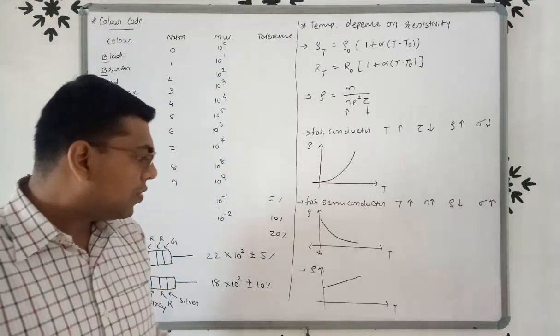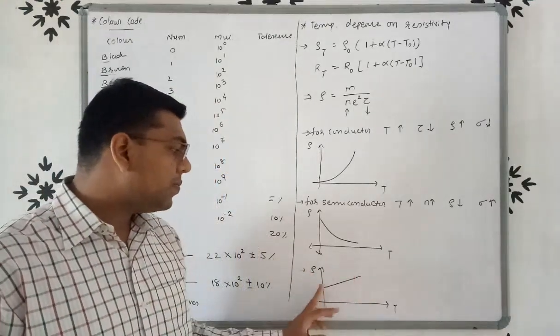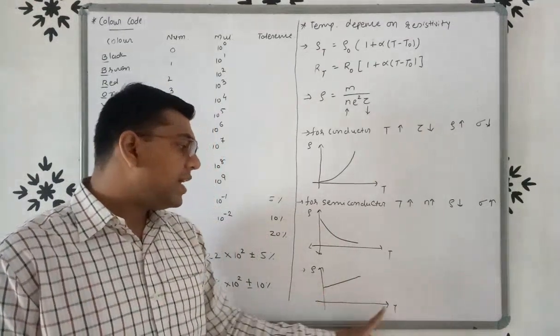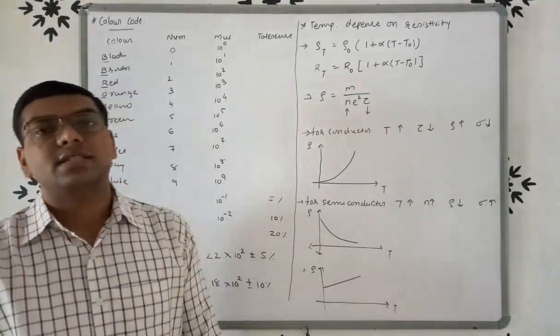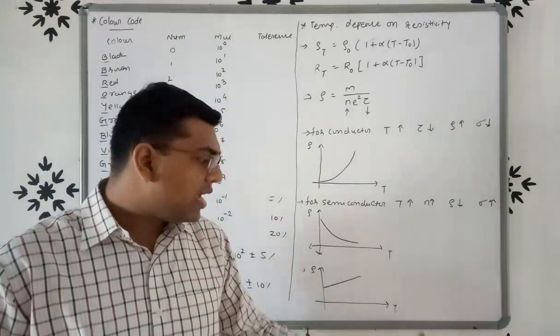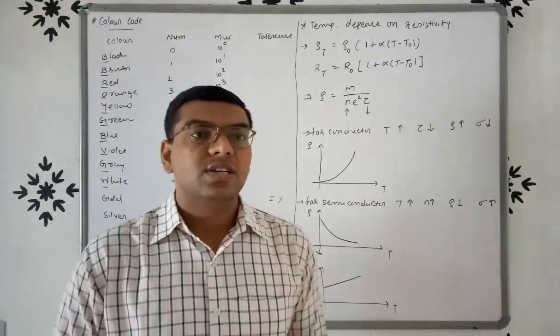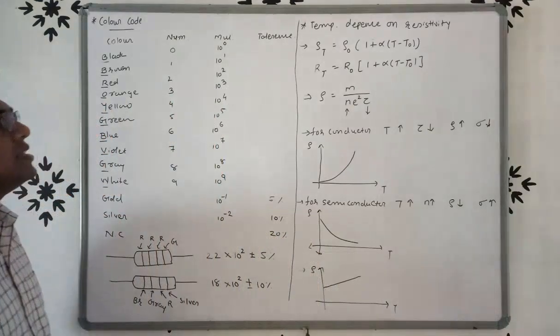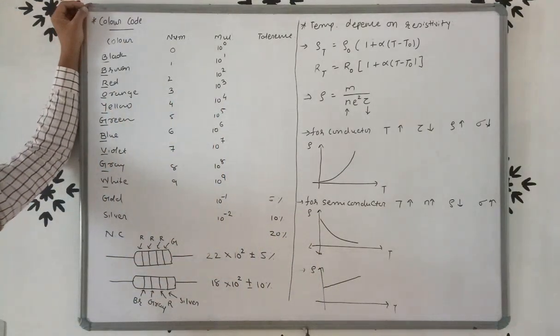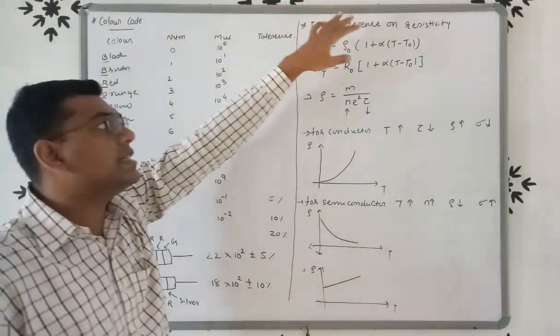So for a material like nichrome, the graph of resistivity versus temperature is like this, because resistivity does not depend much on the temperature. So this is the temperature dependence of resistivity.